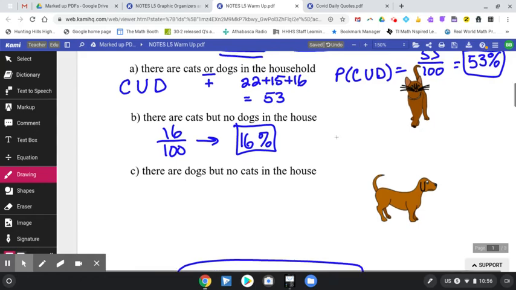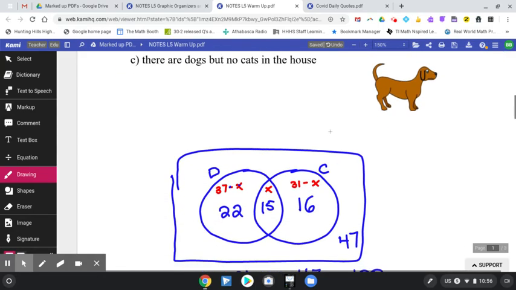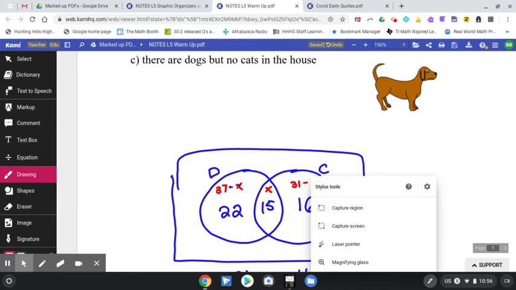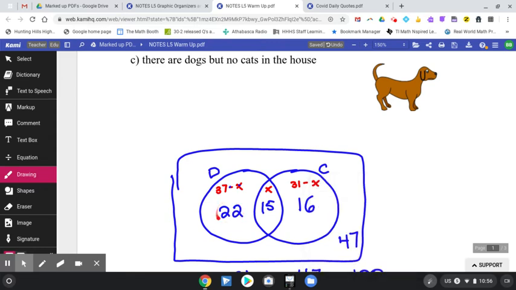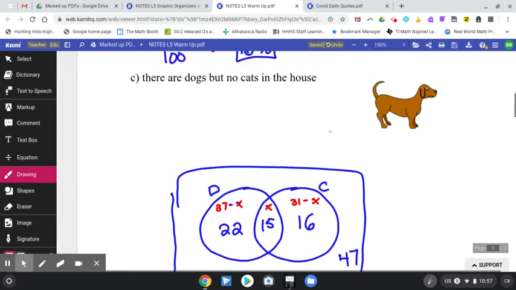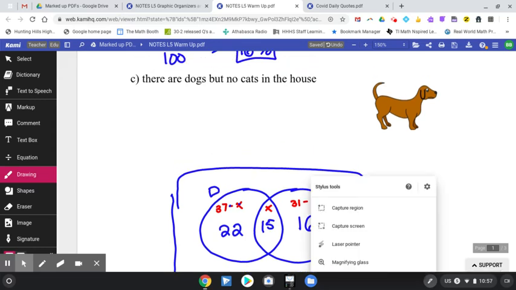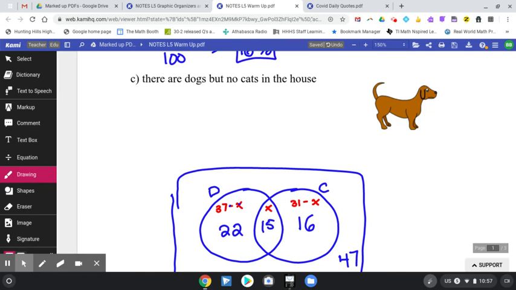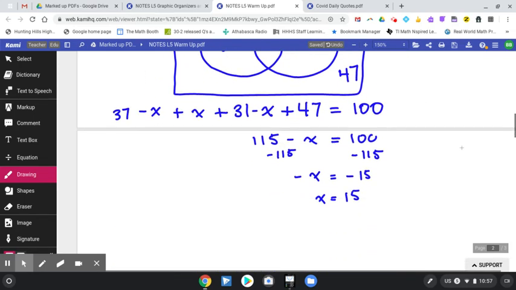And there are dogs but no cats. These are the households that have dogs but no cats. So that's 22 out of 100, or 22%. All right, so that's the overview of Venn diagrams, and that made that question pretty easy to do.